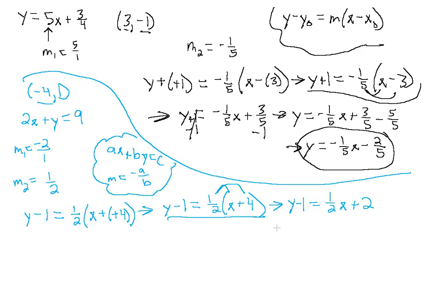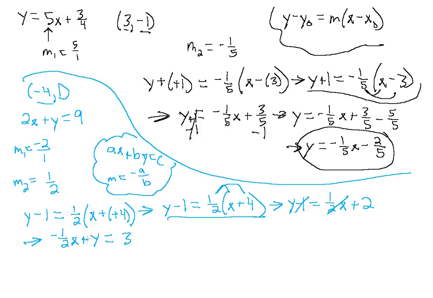Since we're going for standard form, let's subtract both sides by 1/2 x. I'm running out of room here, so we have minus 1/2 x plus y. In the same step, let's move our minus 1 to the other side by adding 1 to both sides. So that's going to cancel, that's going to cancel. We're going to have 2 plus 1 is 3.